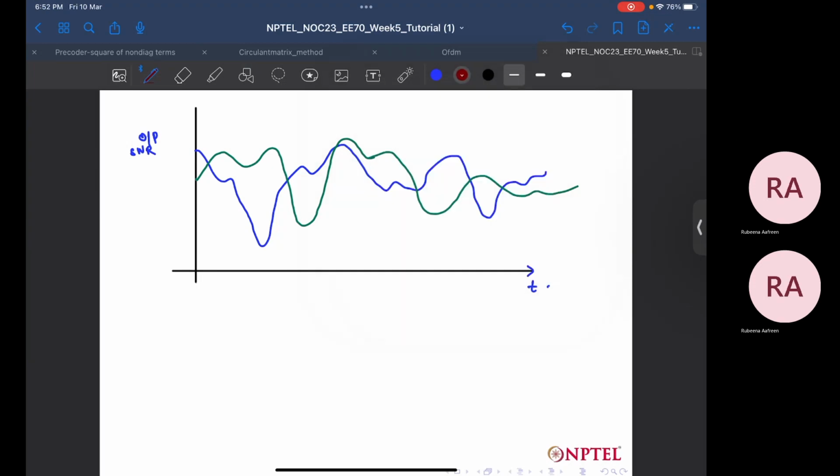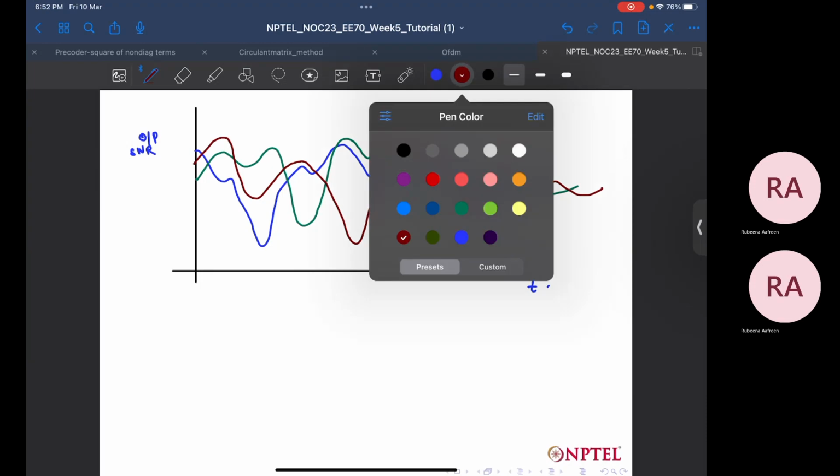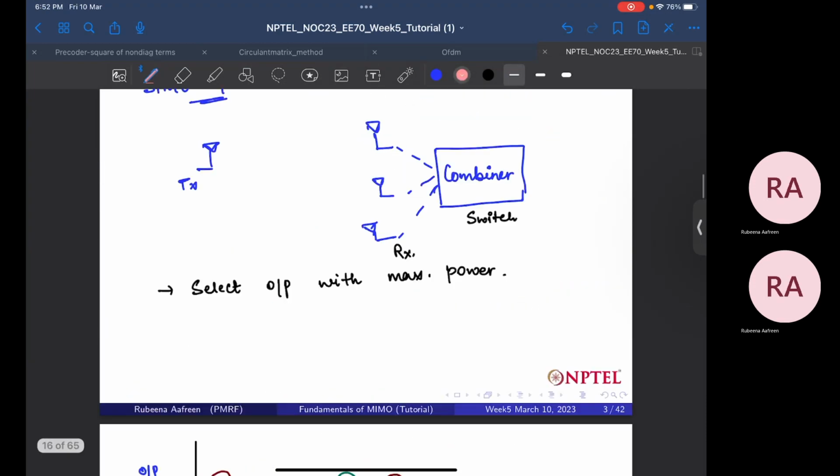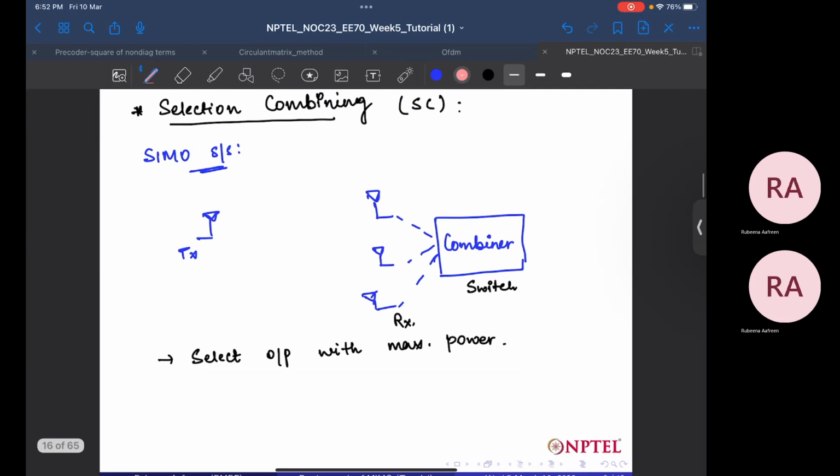And we have the third antenna, and suppose the signal from the third antenna is going like this. Now what happens in selection combining is that it will select the output with maximum power, right?